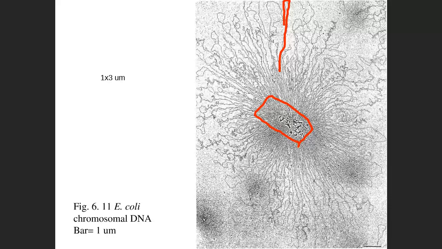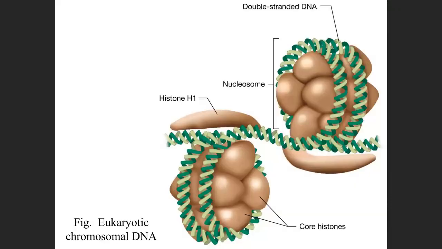Now, eukaryotic cells have a similar problem of organizing their DNA, but they use a different mechanism. They use core histone proteins, and this histone H1 protein, and basically the DNA loops around these histones to form nucleosomes.